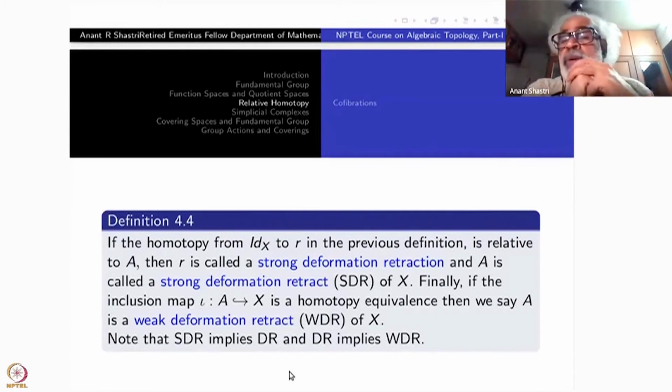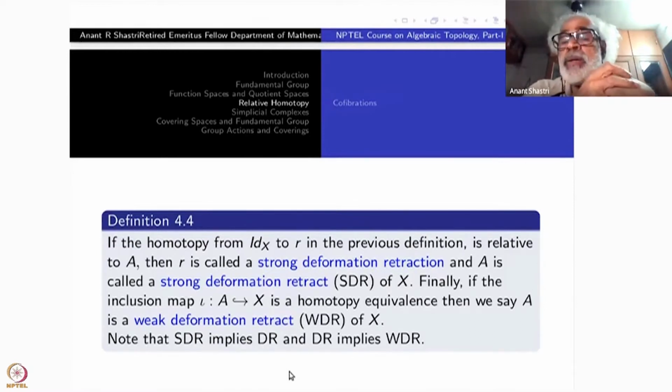One thing is, the name should tell you that strong deformation retract implies deformation retract, which is obvious because we put an extra condition in strong deformation retract, namely during the homotopy, the entire homotopy should be identity on the subspace A. Deformation retract is what? The retraction map is homotopic to identity.